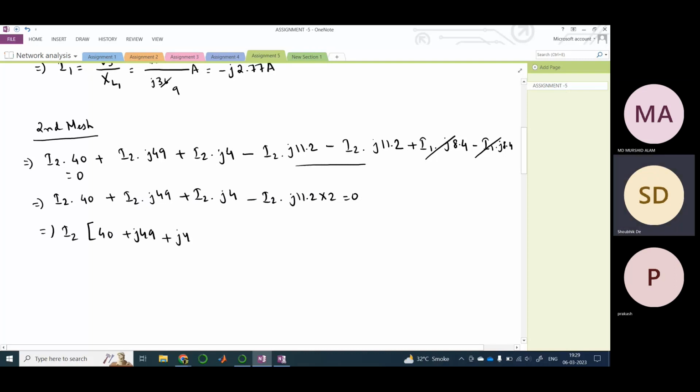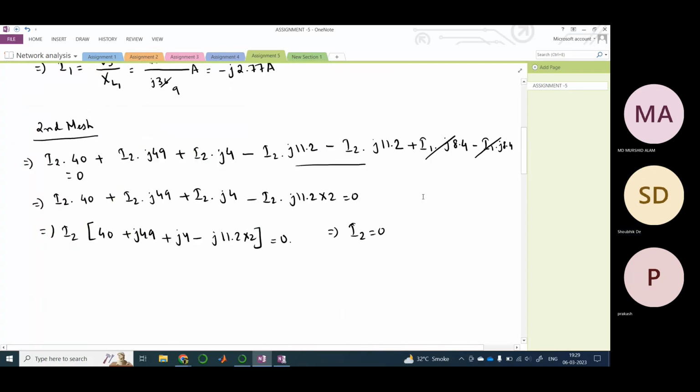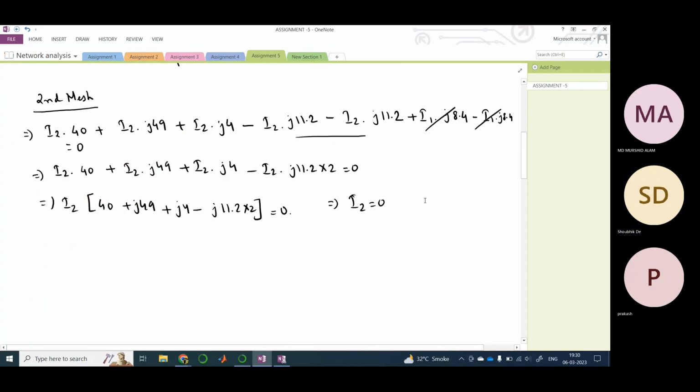So J4 minus J11.2 into 3. Now clearly this term can't be 0, so therefore I2 will only be 0. So therefore I2 is 0. And this is the answer to the second part. So RMS value is 0.